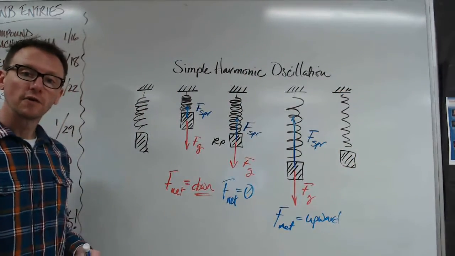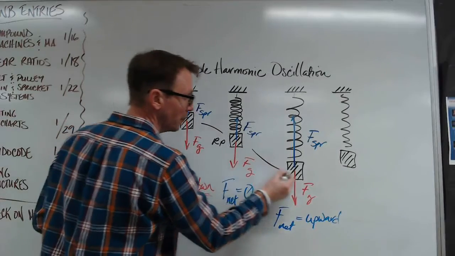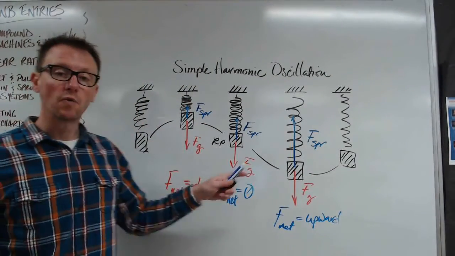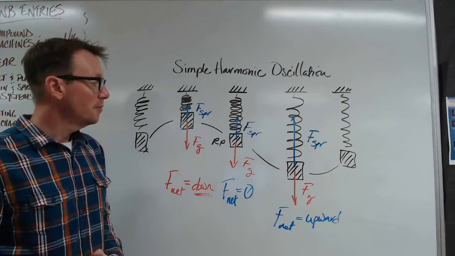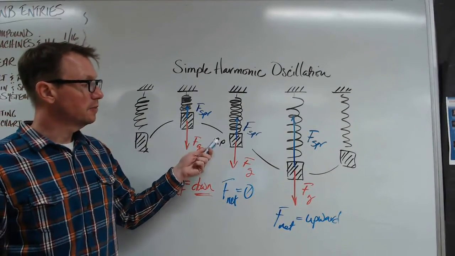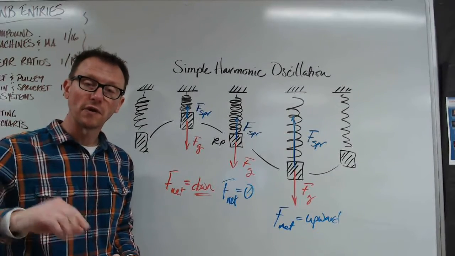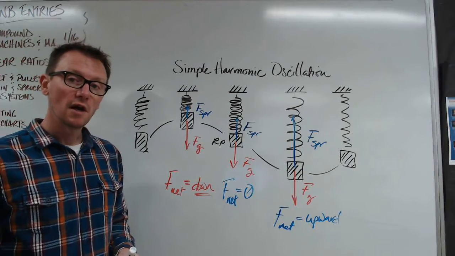So if you connect those together, you can see that we have a pattern that looks like that. Over time, you can see we have that wave pattern. And so this is what we're using as our introduction to waves. But it's all based on the fact that there's this simple harmonic oscillation, that the particles themselves oscillate back and forth around a central rest position where there's no net force.